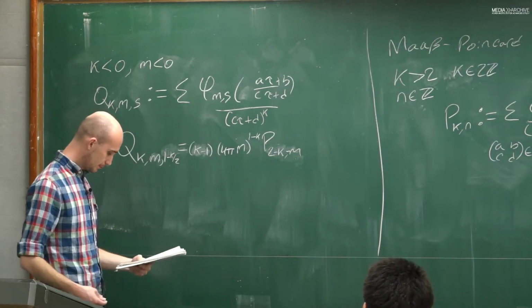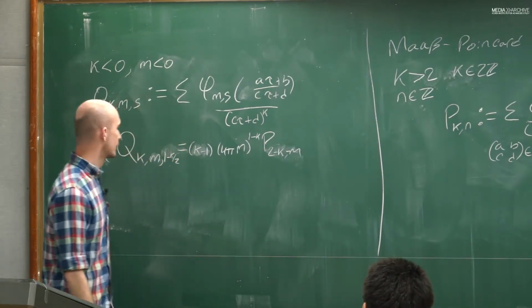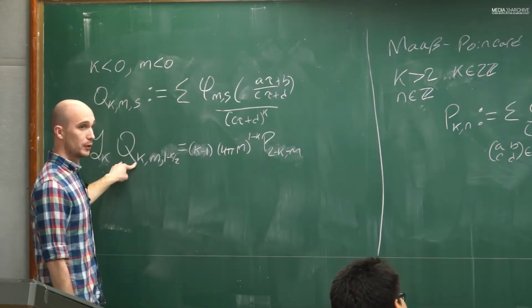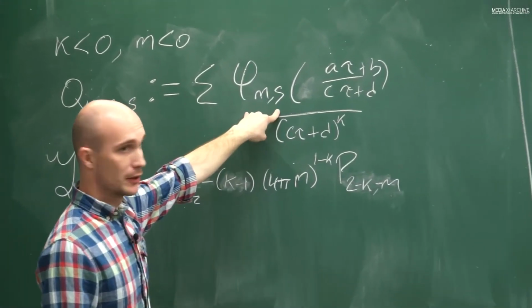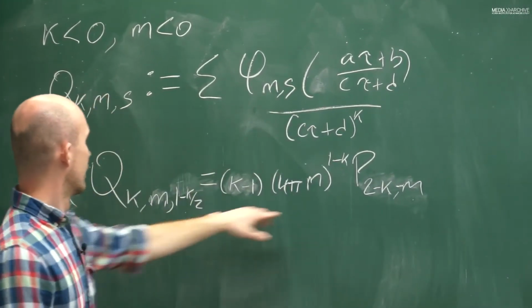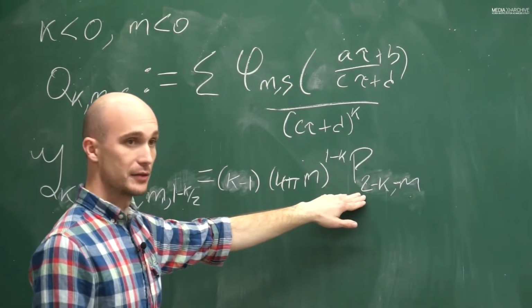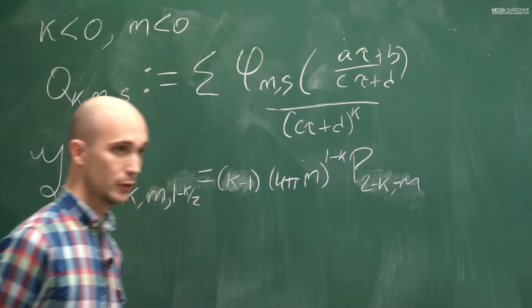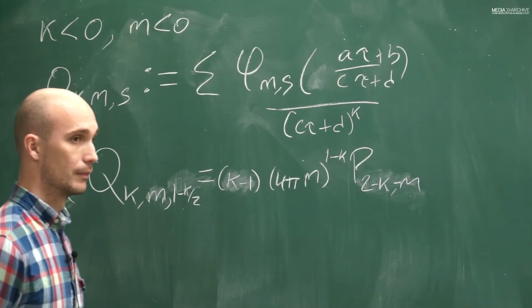Okay, so here Q is the Maass form, and P is the shadow. Q is my Maass Poincare series. The shadow will be the cusp form P, which is a holomorphic cusp form.